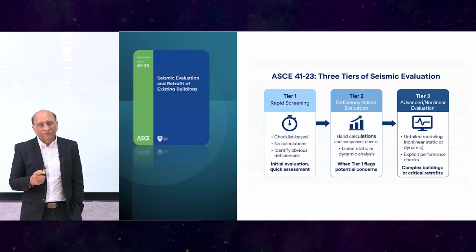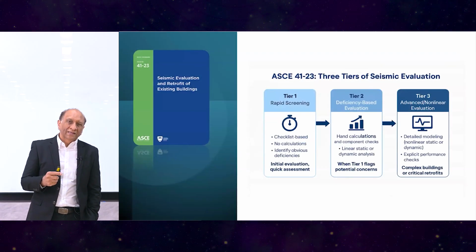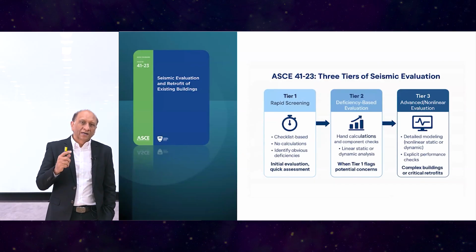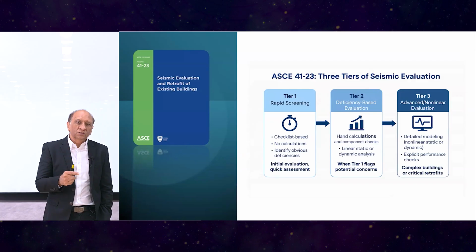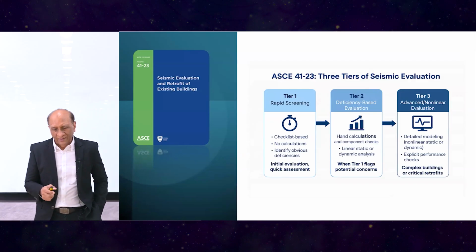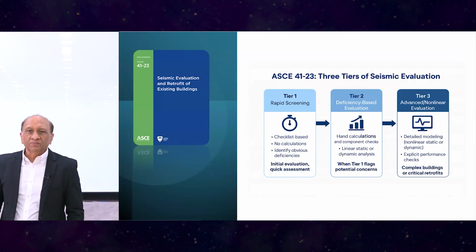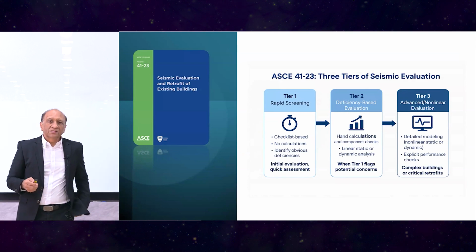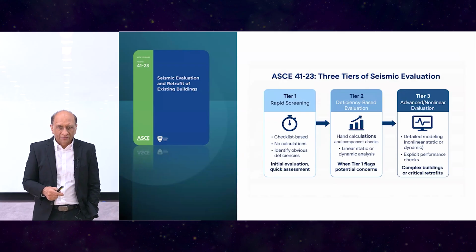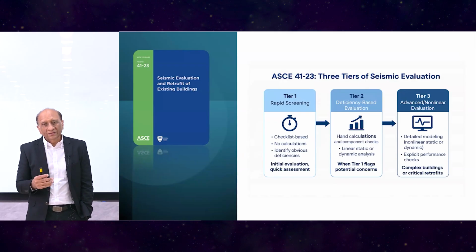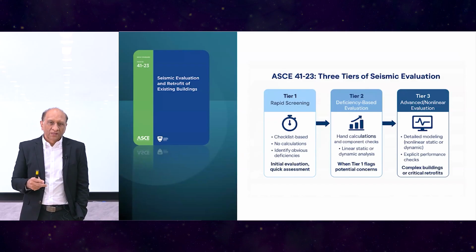So ASCE 41 is the guideline. There are many guidelines, of course, but this is one of the current guidelines that is used for evaluation and retrofit of existing buildings. So this guideline is typically based on this tiered approach. There are 3 tiers. Tier 1 is just rapid screening.